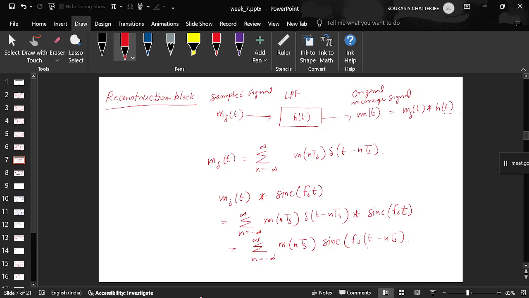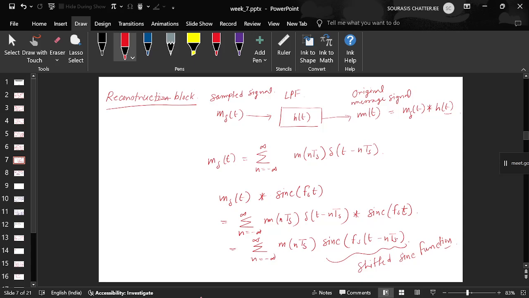The sinc function, this is a shifted sinc function. Let me point it out here, shifted sinc function, and this part remains. So you can see now the sinc function is not only being shifted, its amplitude is also being modified accordingly. Based on the shift value of the sinc function, the amplitude is being picked.